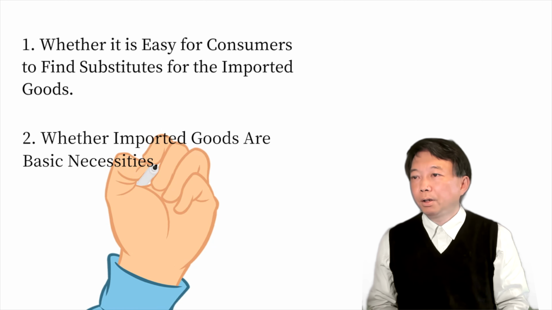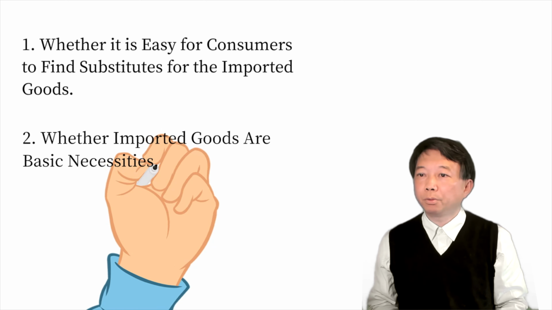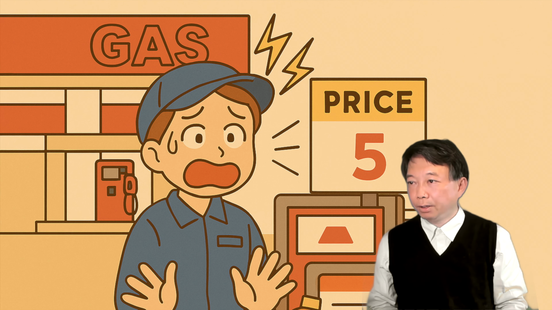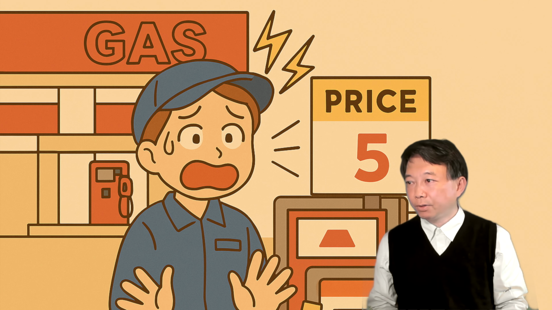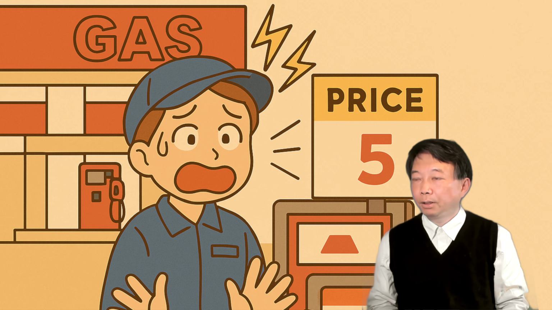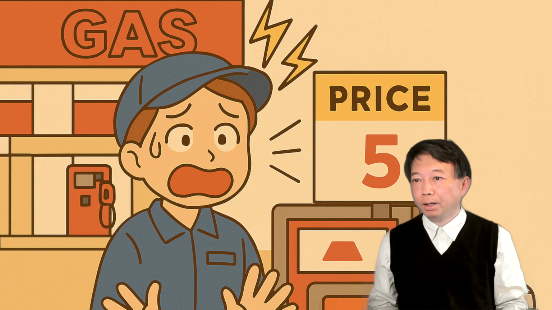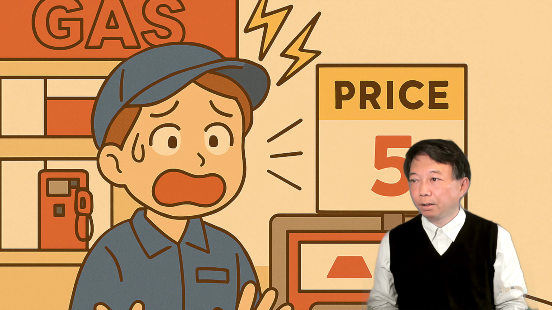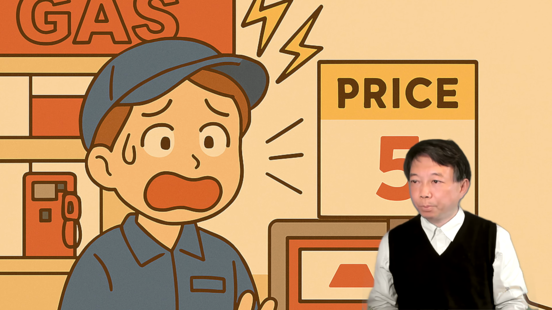In this case, consumers bear almost the full burden of the tariff, as they have no choice but to continue purchasing the product, such as the medicines we just mentioned. Another example is gasoline, which is a basic necessity for many people. The price elasticity of demand is low because the quantity demanded changes only slightly with respect to the change in gas price.